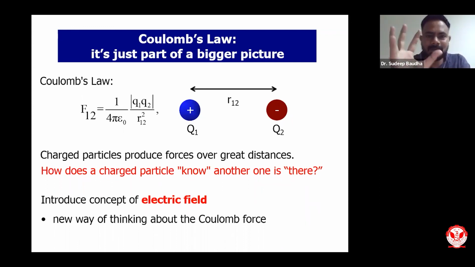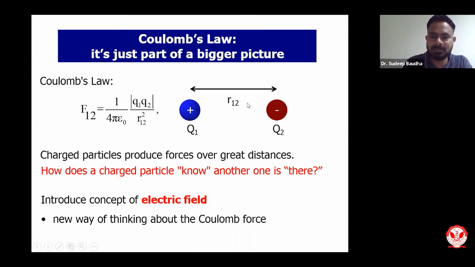This is Coulomb's law, but the question arises: how does charge 2 know that there is the presence of charge Q1? Suppose there is already a charge Q1, how will the other know that this force is coming from Q1?